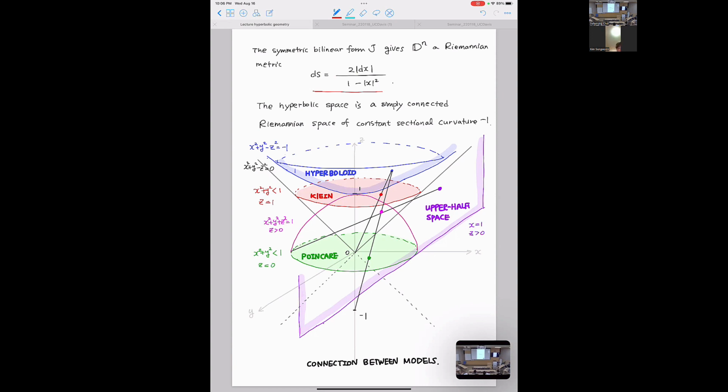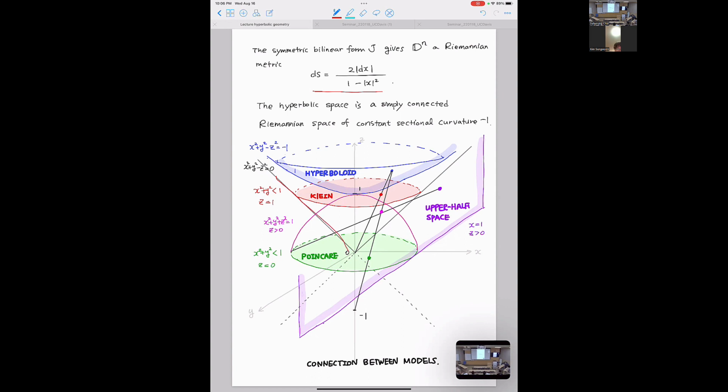This picture shows many kinds of models of hyperbolic space, in the three-dimensional case, R^{2,1}.